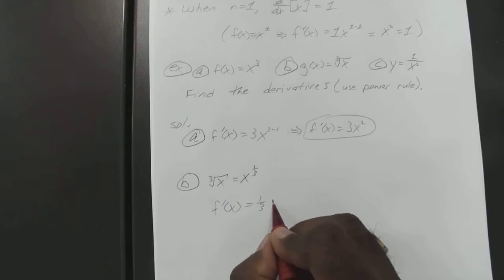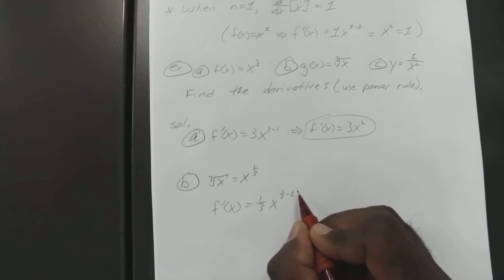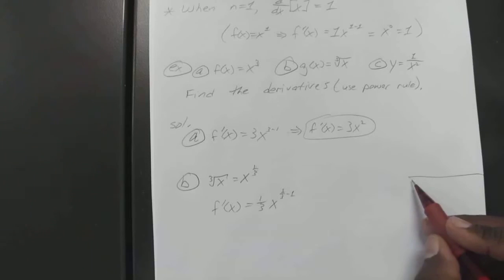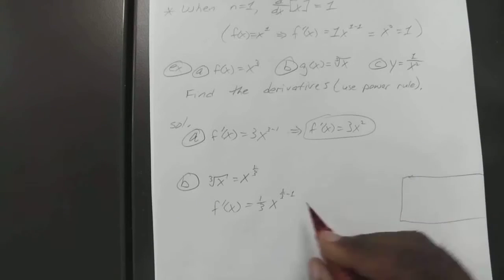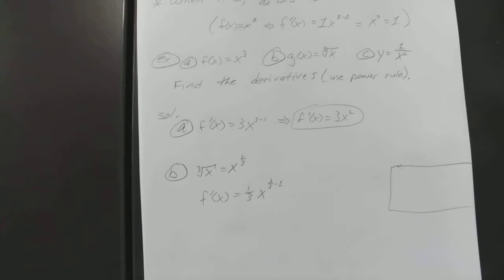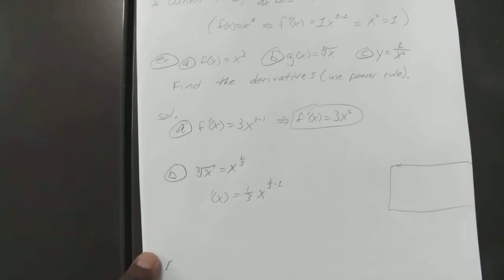So you have 1/3 x, and you're going to subtract 1, 1/3 minus 1. Doing that on the side. Oh, g prime, thank you.